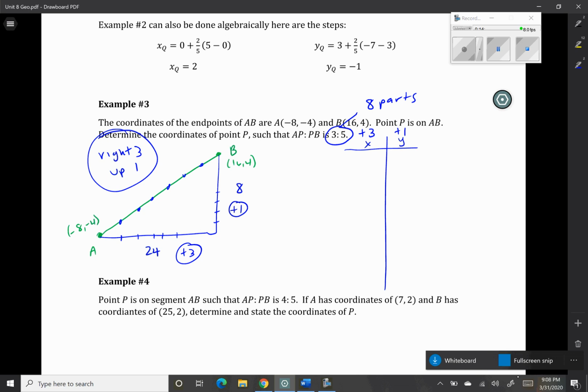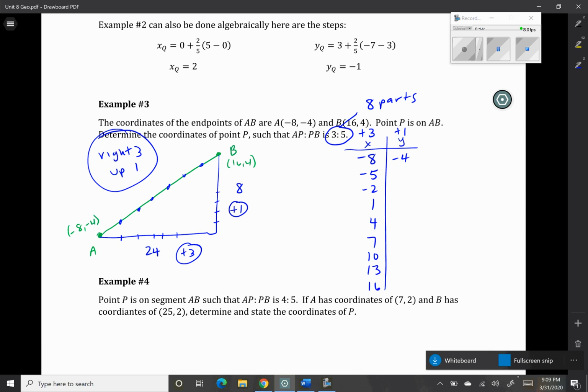First point I have is -8, -4. If I add 3 to the x value, I would get -5, -2, 1, 4, and 7. Notice I'm stopping at 7. No, I'm not. I'm going to go 10, 13, 16. My bad.